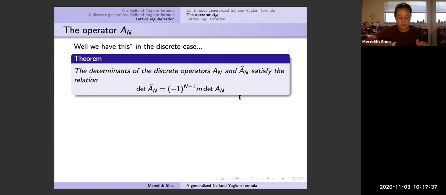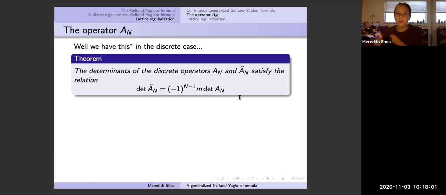And a bit of a side note is that the sign issue was the very first thing I noticed when I started working on this, which was trying to compute the Zeta regularized determinant of A tilde. What we noticed was you could compute it a few different ways, and you might end up with a different sign in front of it or a different phase.